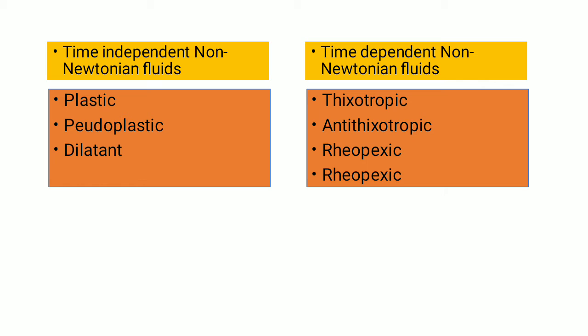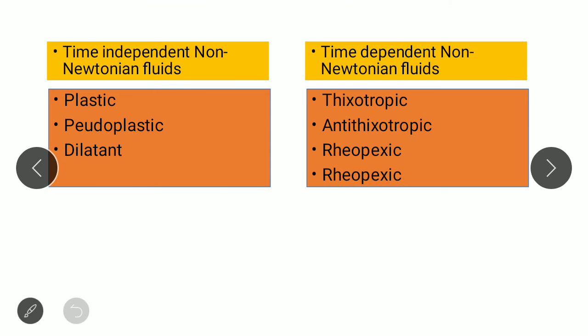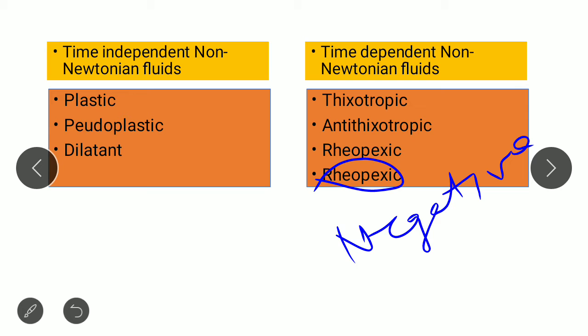For non-Newtonian liquids, if that is dependent on time, then it will be called time dependent non-Newtonian fluids like thixotropic, antithixotropic, rheopexic and negative rheopexic. Here there is a slight change. It is negative rheopexic, another type. And in case of time independent non-Newtonian fluids, these are plastics, pseudoplastics or dilatants.